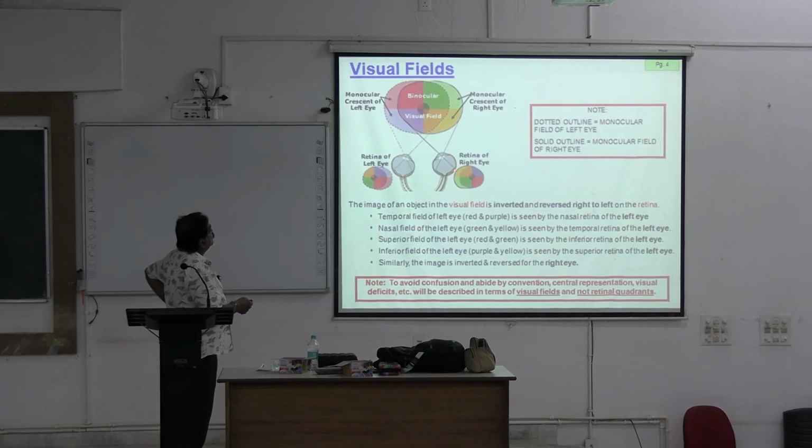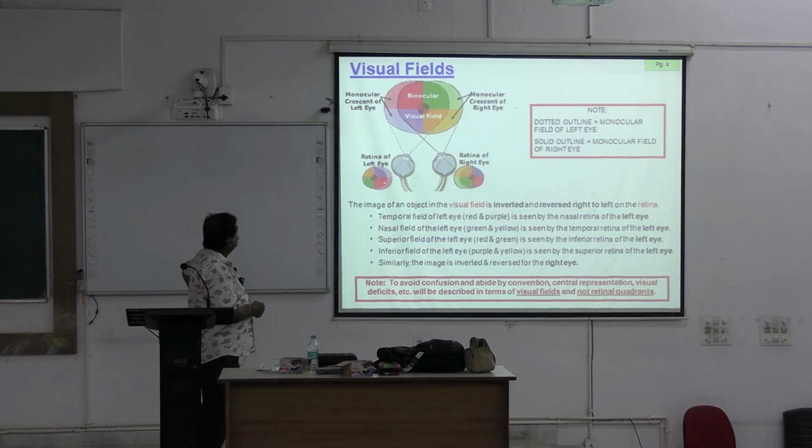This is the right eye. The image of an object in the visual field is inverted and reversed right to left on the retina. The temporal field of the left eye, red and purple, is seen by the nasal retina of the left eye, and the nasal field of the left eye, green and yellow, is seen by the temporal retina of the left eye.